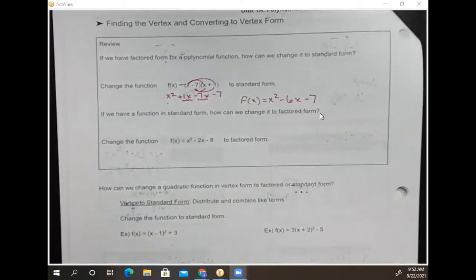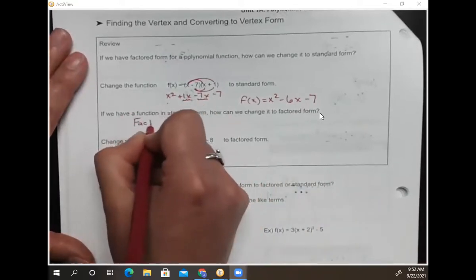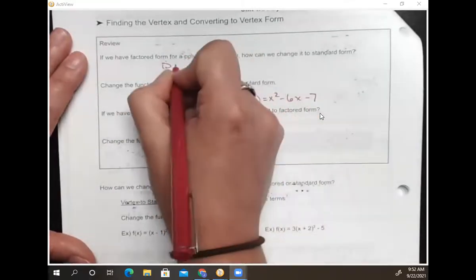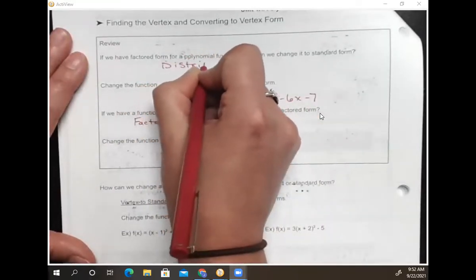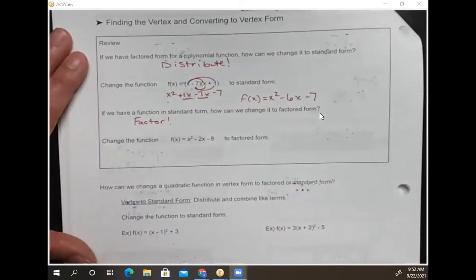I have to factor it somehow, right? Maybe AC method, maybe difference of squares, maybe grouping, but I'm going to use some sort of factoring method. So I have to factor. Okay, so to get it to standard form, we distribute. To get it to factored form, we factor.